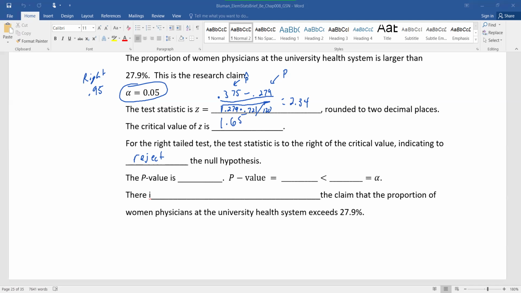We did p-value earlier. Oh, that's right, the p-value. Probability. We need to find the probability value, which is going to be under 2.34.